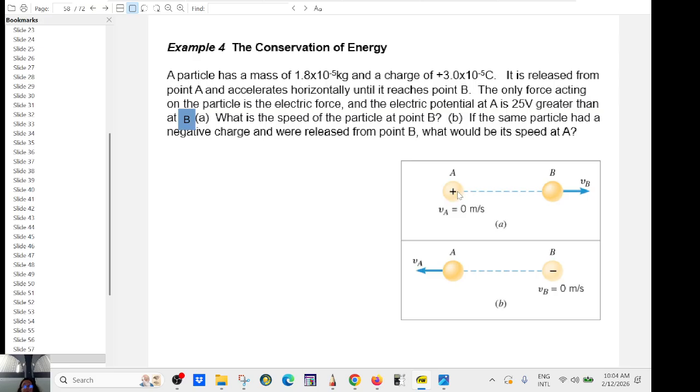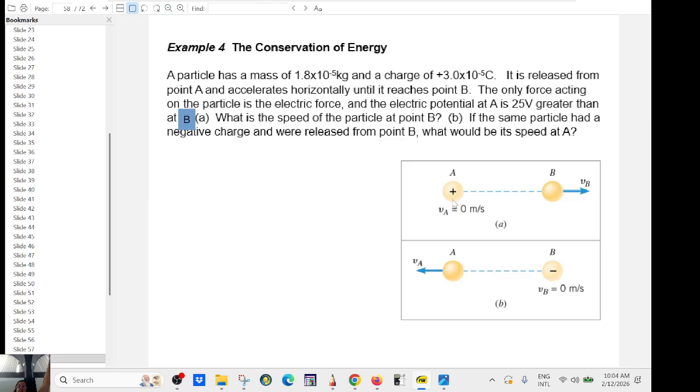So you have something at point A, you have a voltage drop from A to B. So A has a voltage of 25 relative to B. So it's like altitude. You start from a high altitude of 25, you place a charge.